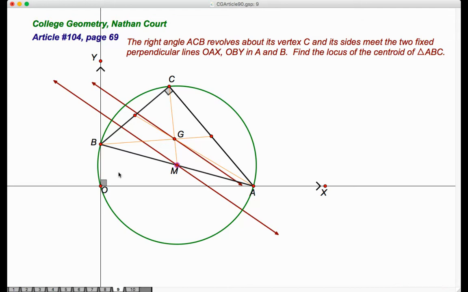And in that case, M is the center of the circle also.